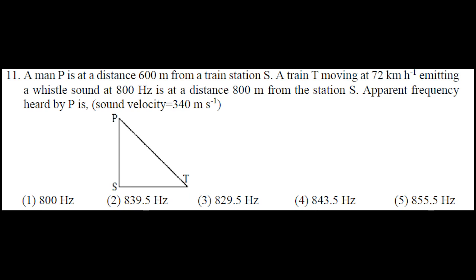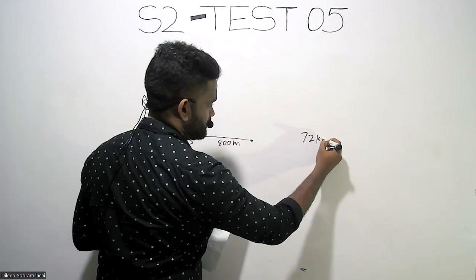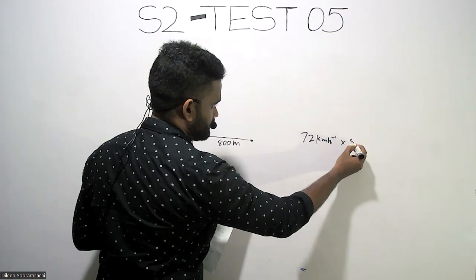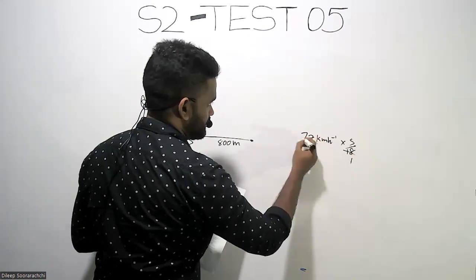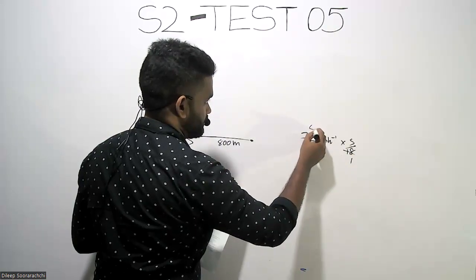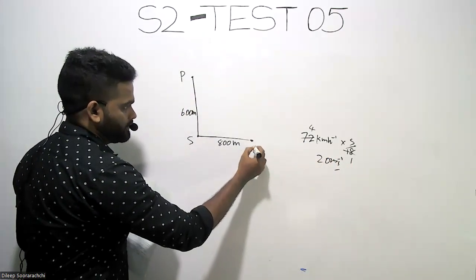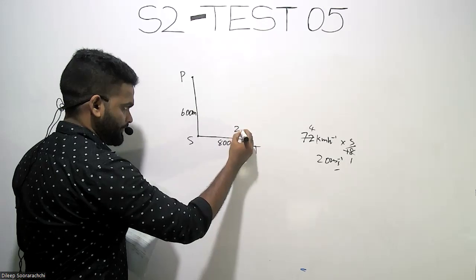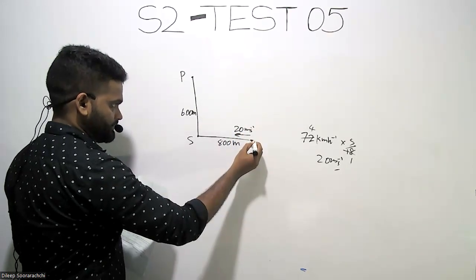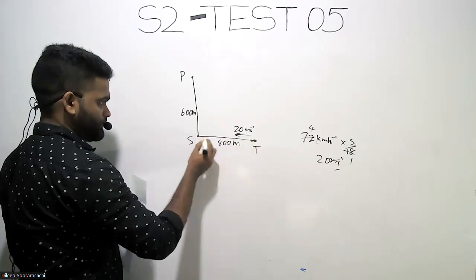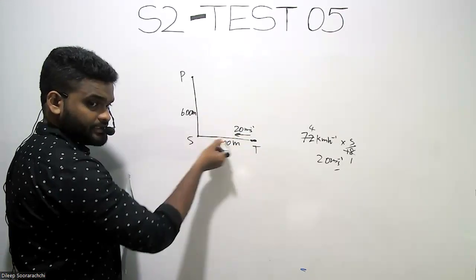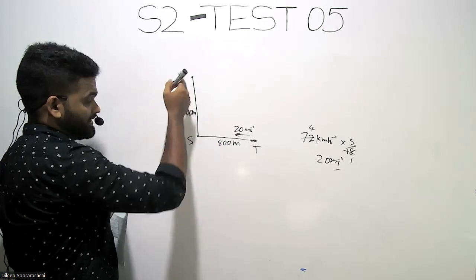So you have the train at a distance 800 meters. 72 kilometers per hour, just convert it to meters per second. 5 divided by 18 times 72, which is 20 meters per second. That's the velocity of the train. Train is moving to the station, right? Not towards the man, towards the station. The man is here.